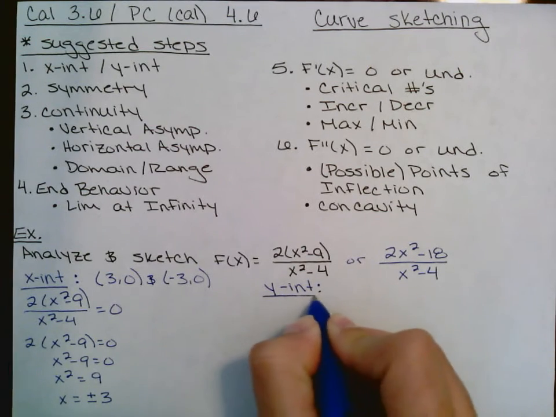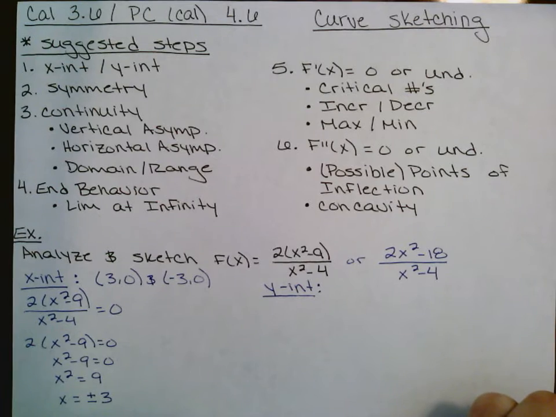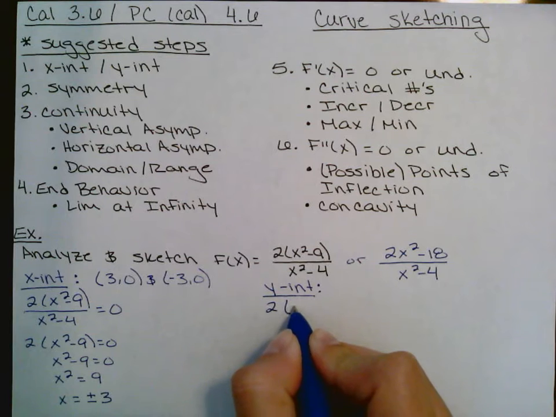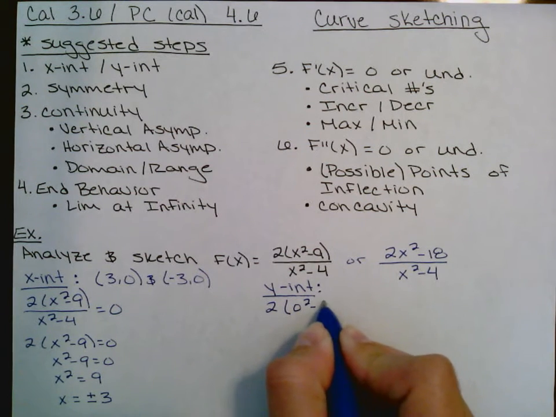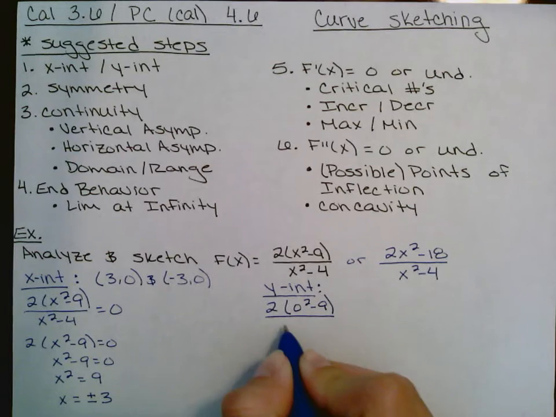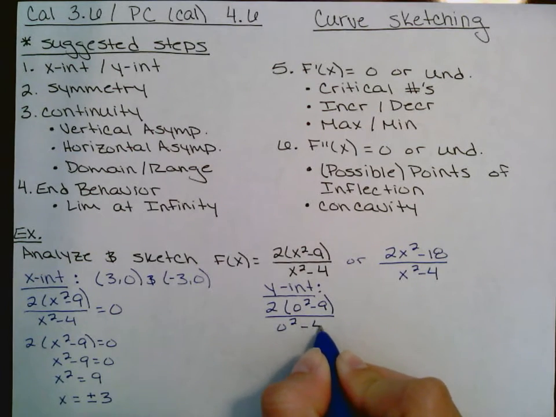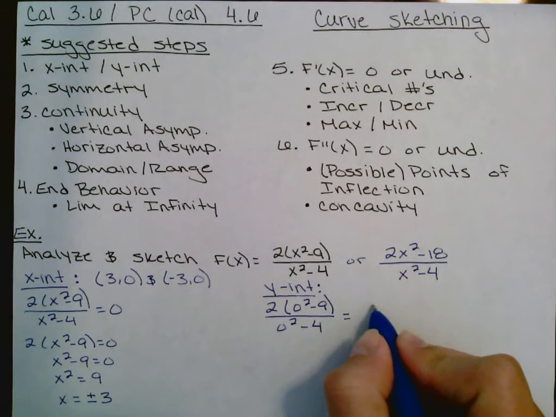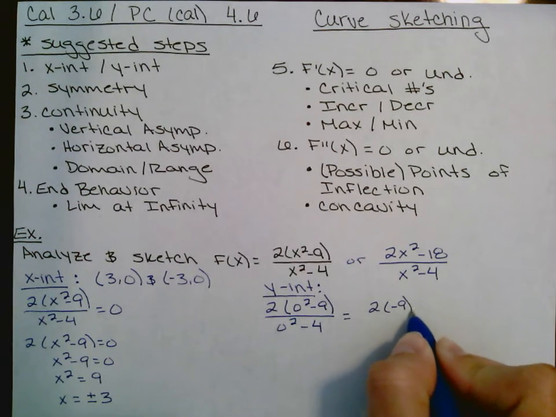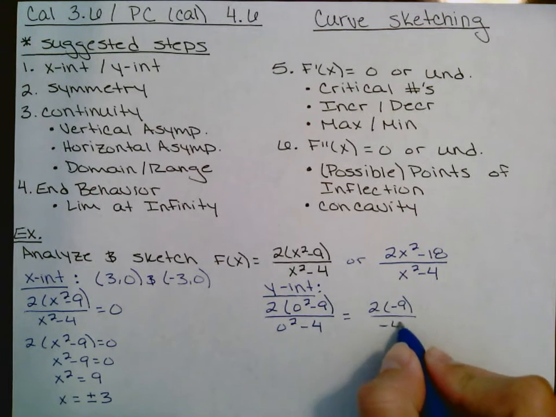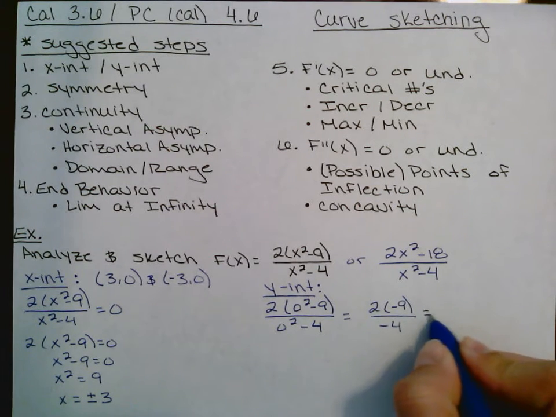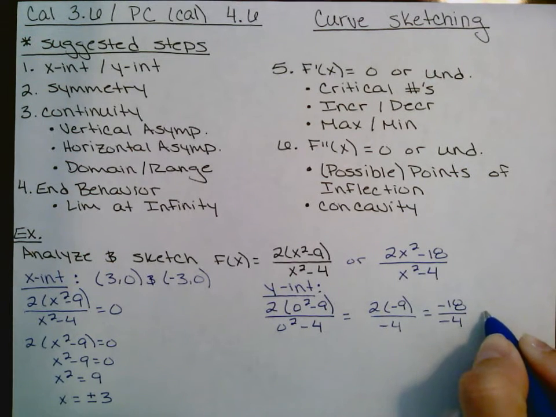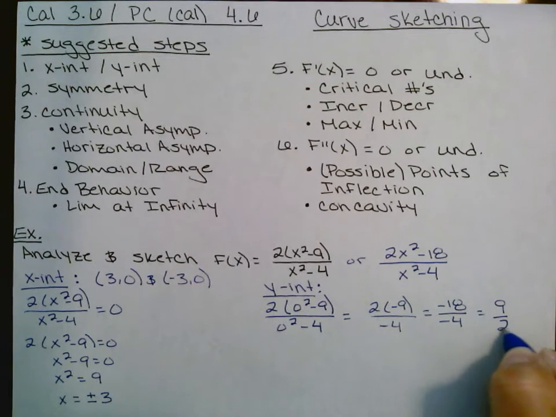This one's a little easier. The way I find y-intercepts is by setting the x equal to 0. So if I say 2 times 0 squared minus 9 over 0 squared minus 4, okay, I end up here with 2 times negative 9 over negative 4, which just gives me negative 18 over negative 4, which can be reduced to 9 over 2.